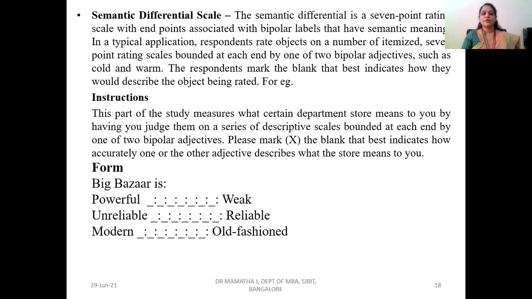If you say powerful, the other extreme would be weak. Then they will be picking and marking the answers in between these two. If you say Big Bazaar is very unreliable, the other extreme will be reliable. You say the store is very modern or it is very old fashioned. So two extreme adjectives will be given for each item. So this is called the semantic differential scale.